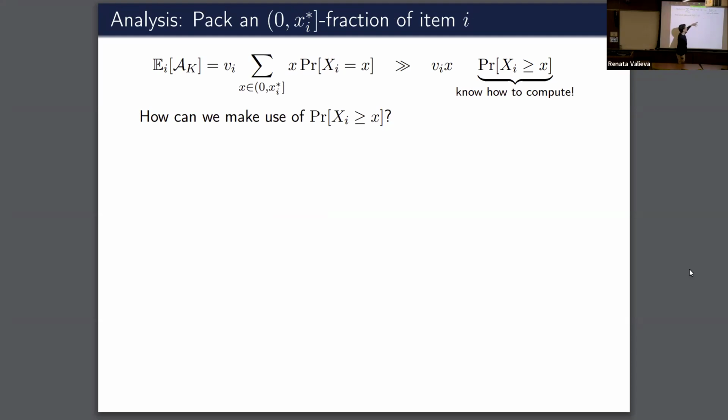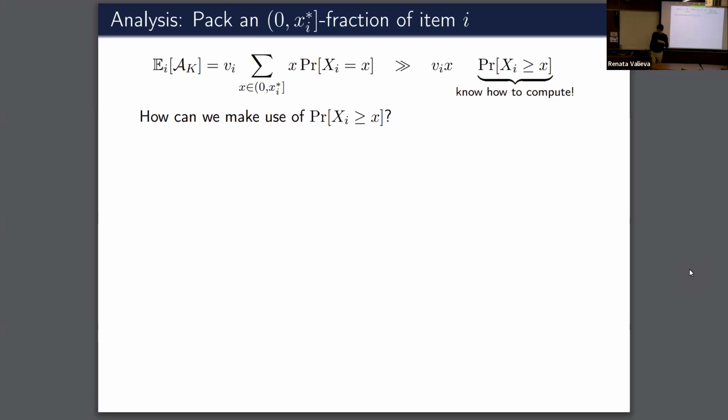We know how to compute the probability that it is at least x, but this is maybe not that good as a lower bound on the expected profit that algorithm AK gets from item I, right? Because xi star is the fraction of item I in the optimal offline solution. So if you think about it, you could pack item I for any fraction between 0 and xi star.